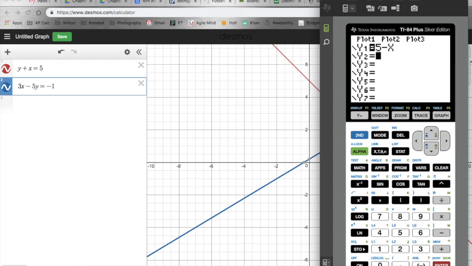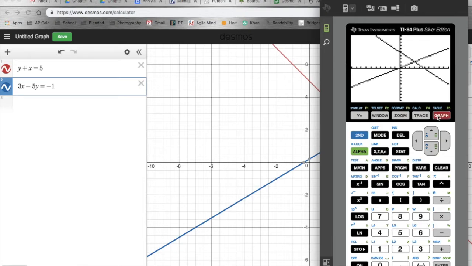For the second one, we're going to subtract the 3x, so I'm going to put this in parentheses, negative 1 minus 3x. Notice the x key is just right here by the alpha. I have to now divide by negative 5. You can do this on your paper by hand. So we've got our two equations, and we need to figure out where they intersect.